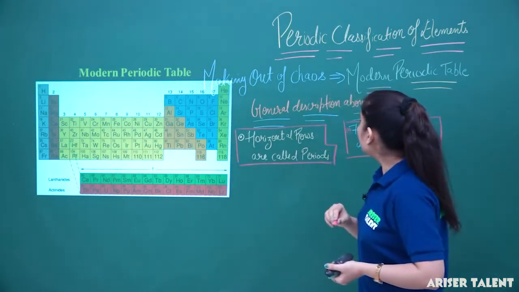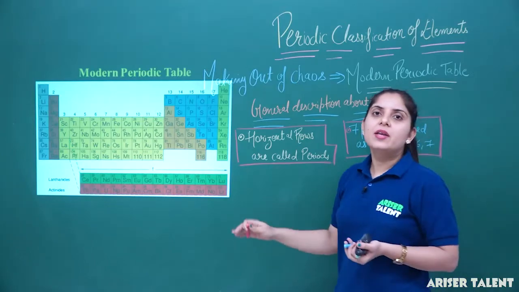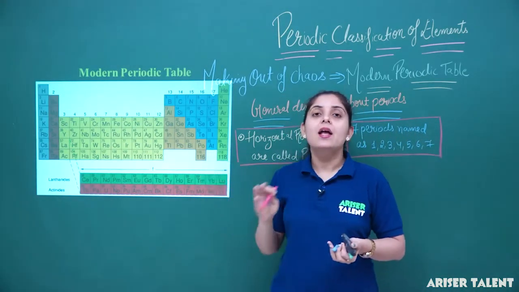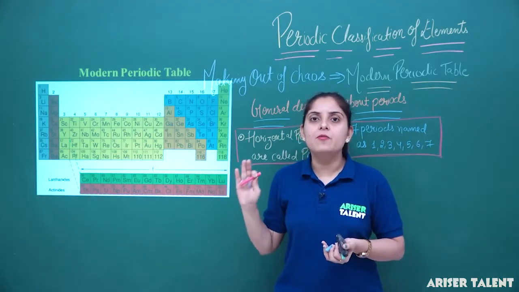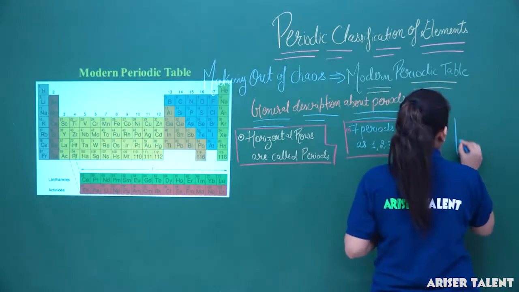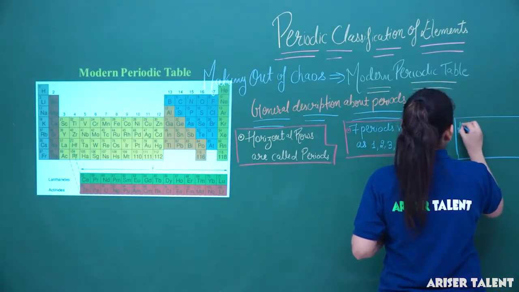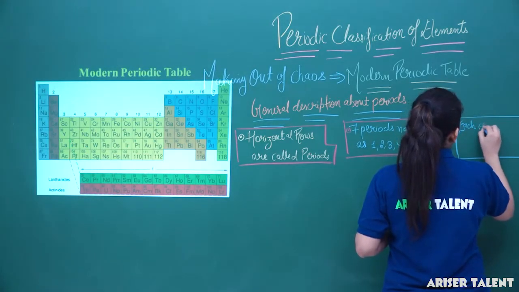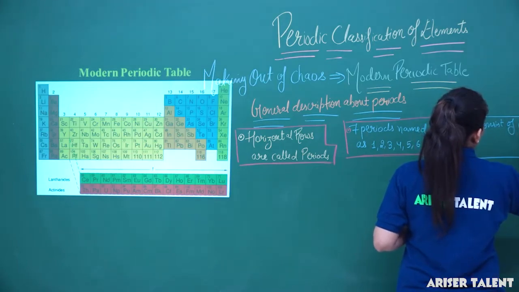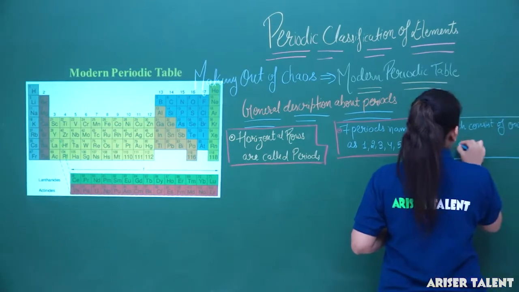Now moving to our next property, each period has an outermost shell present in its atoms. So we can say that the outermost shell will be available for each period. The next point: each consists of an outermost shell.